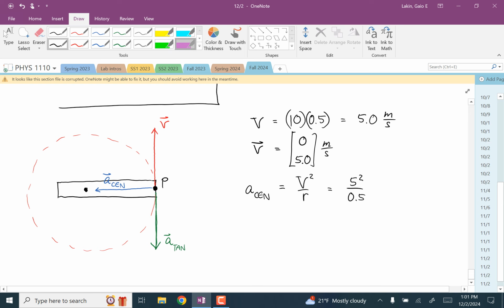And so we get a centripetal acceleration magnitude of 50 meters per second squared. From just thinking about the circular motion, we know that's in the negative x direction. So the centripetal acceleration vector is negative 50, 0.